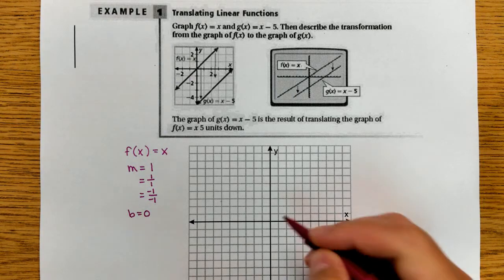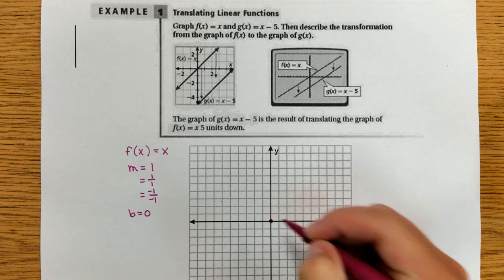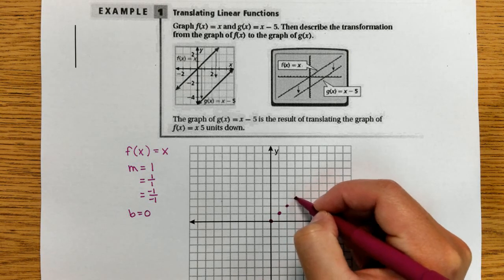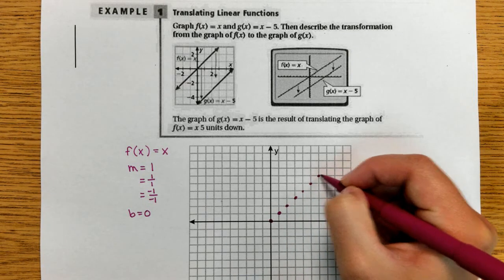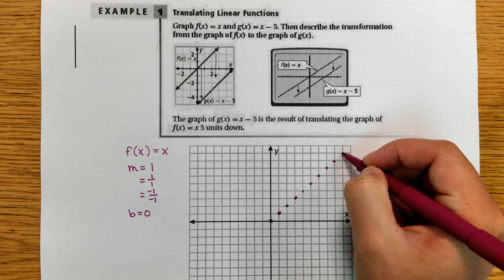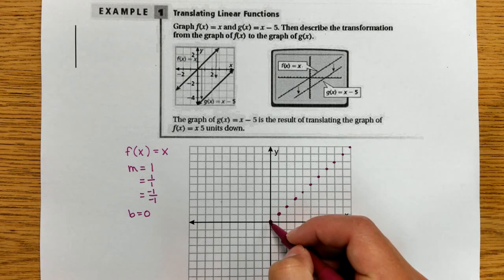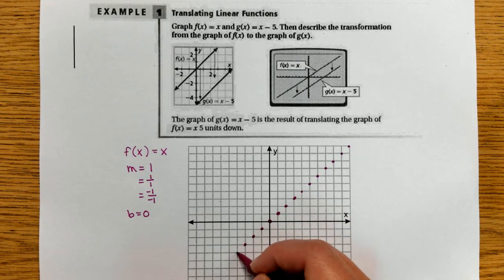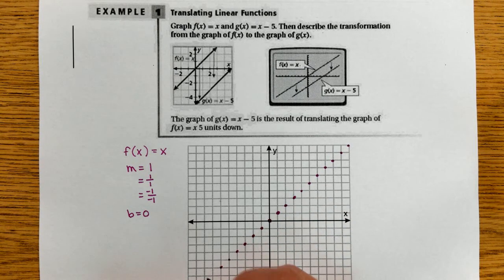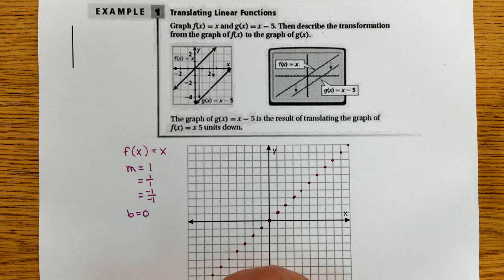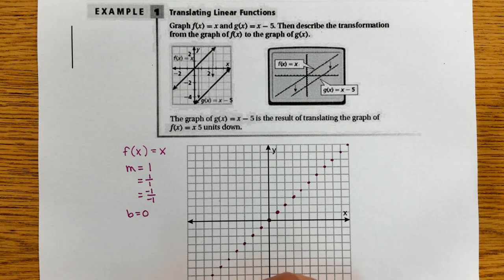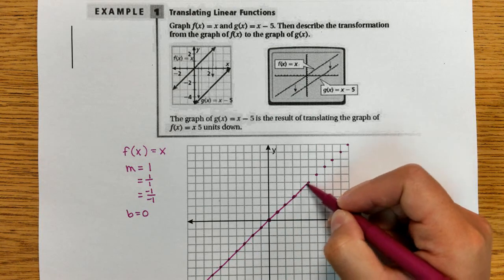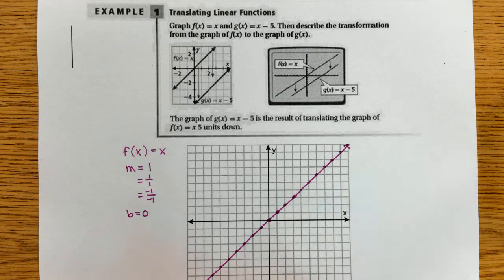So that means I'm going to start at the origin. And then I go up 1, right 1, up 1, right 1, up 1, right 1, until I form the upper half of my graph. Then going in the other direction, down 1, left 1, down 1, left 1, until I fill out the lower half of my coordinate plane. And then I'm going to connect the dots to form my graph.